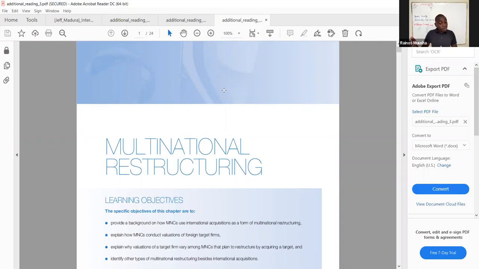But don't get carried away by going through everything in the textbook sequentially the way it's given, because there are some sections where we're not going to be referring to the textbook, but to the additional readings. So try as much as possible to stick to the study guide, because the study guide will tell you which chapter you're going to be looking at, and based on that, you then look for that particular chapter in the textbook.